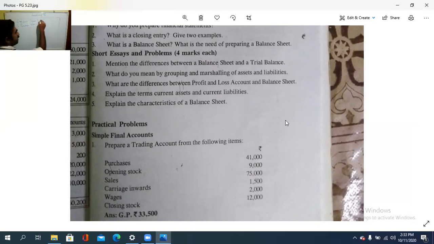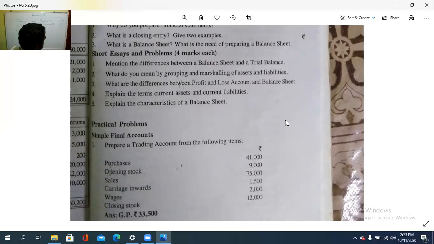Then by sales, it is 75,000. Then to wages, 2,000. To carriage inwards, 1,500. By closing stock, 12,000.